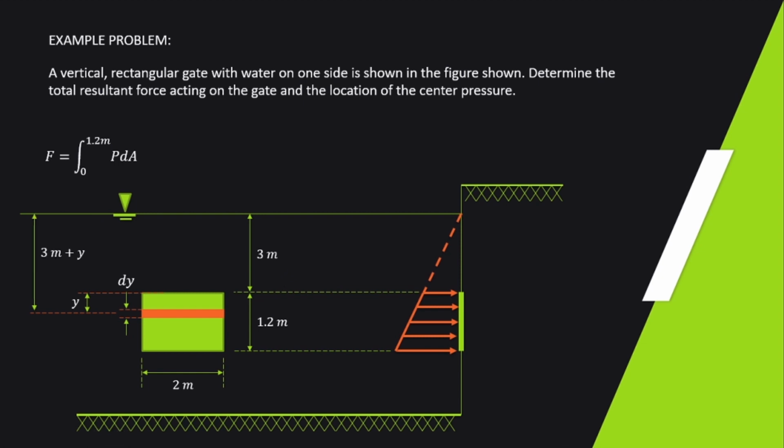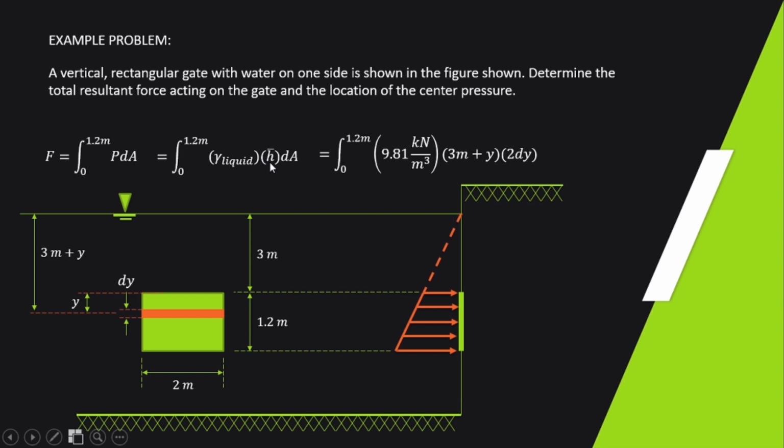So, ang h bar natin is ang location of the strip from the water surface. So, ang h bar natin, that is 3 meters plus y. So, ang pressure nga natin, that's the unit weight of the liquid times h bar times differential of area. And ang h bar natin this time is 3 meters plus y.